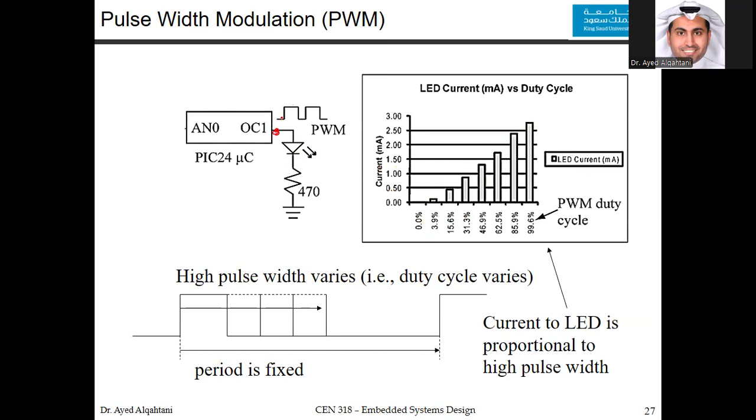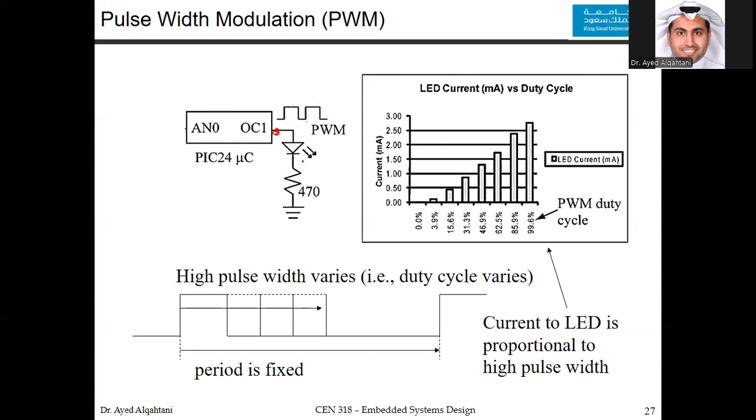Remember, this is a pulse width modulation signal, so it goes 1 and 0 and 1 and 0 in a rapid fashion, because it usually has a higher frequency than what your naked eye can catch. So instead of seeing the LED going 0 and 1 and 0 and 1, you will actually see the intensity of the light change.